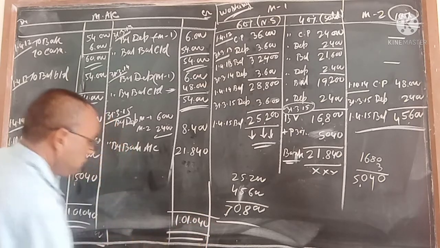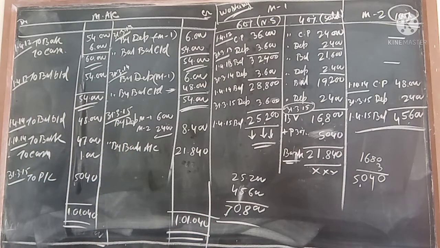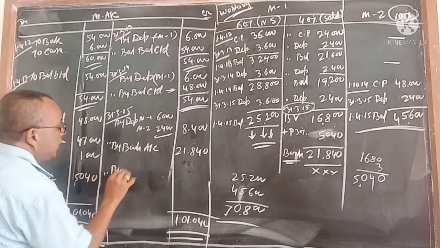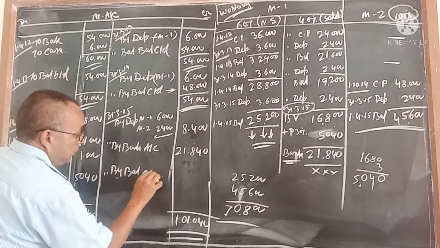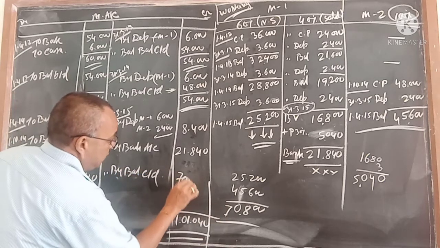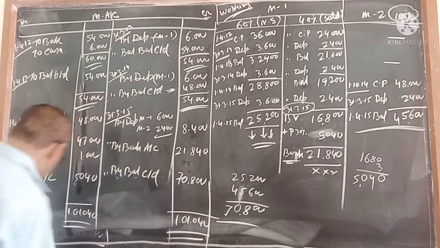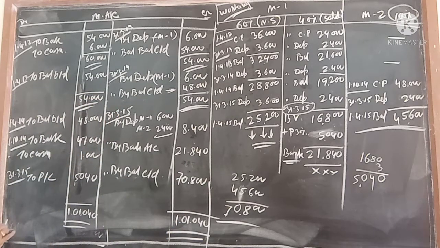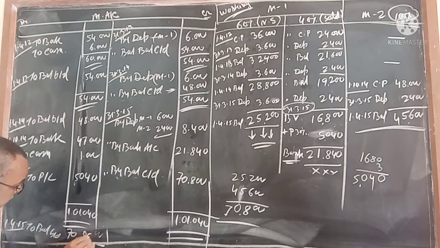And you will get the balance by balance c/d, which is coming 70,800. And here you write the balance b/d of 70,800. This is the answer.